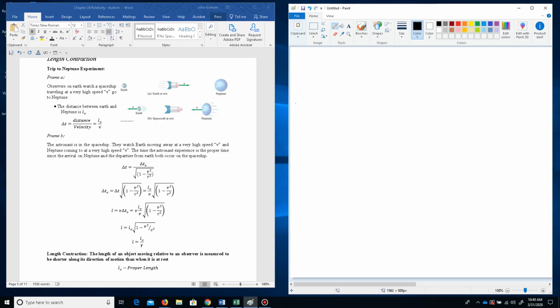Think of it as the length on the odometer on the spaceship, assuming that they have an odometer. And that's going to be equal to the proper length times the square root of 1 minus v squared over c squared. Another way of writing it is L is the proper length over gamma.